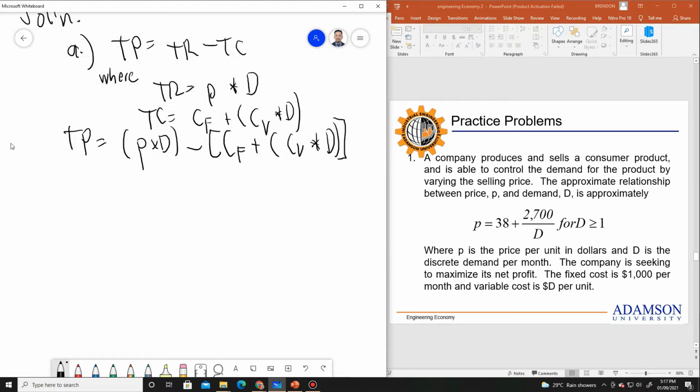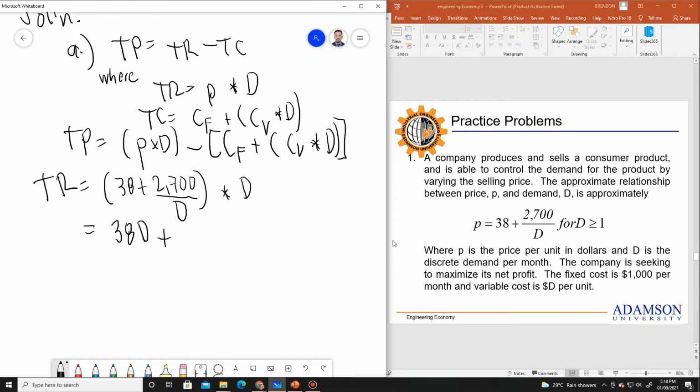Let's get first the TR. TR is P. P is 38 plus 2,700 divided by D, multiplied by D. By distributive property, 38D plus, D will cancel, so this is 2,700.